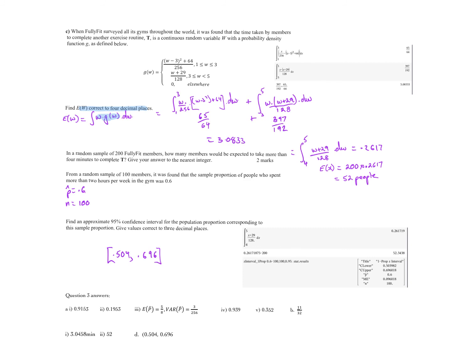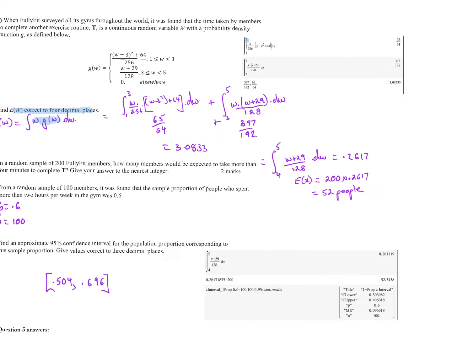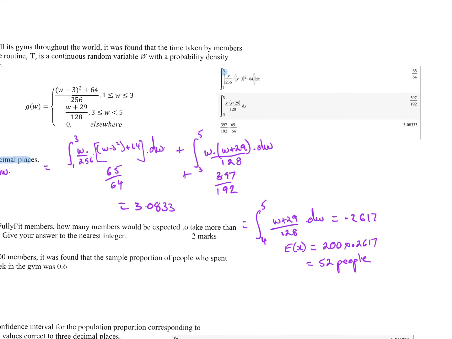So on your CAS, we're just going to define it. It's a bit harder to see that printout, so I'll make it a bit bigger. The integral between 1 and 3, there's my function for the first part of it, but with an extra x there because it's x times.